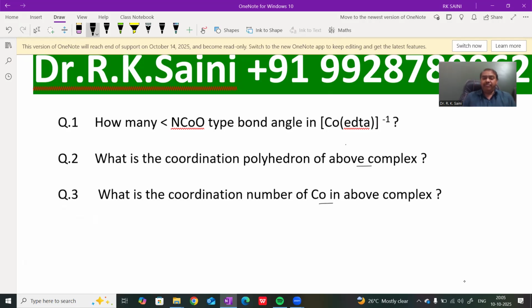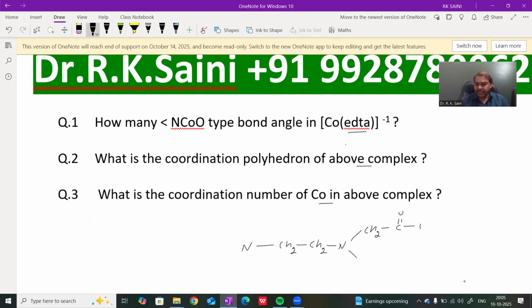First, we know that EDTA is a hexadentate ligand, and its structure is ethylene diamine tetraacetate. First, we check its denticity.